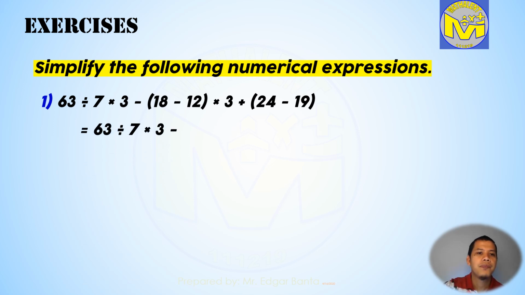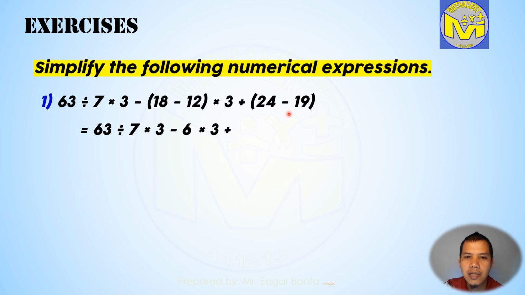So bring down 63 divided by 7 times 3. Okay, just bring it down, and then minus, and then solve. 18 minus 12 equals 6. Next, bring down times 3, and then plus.